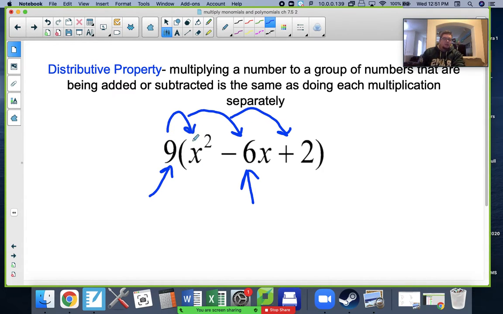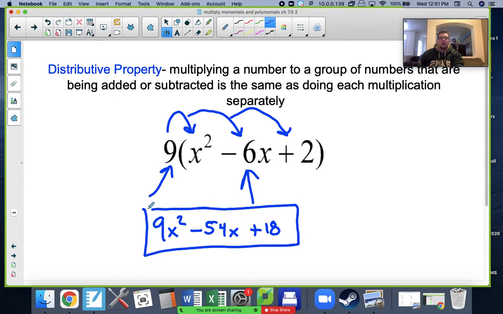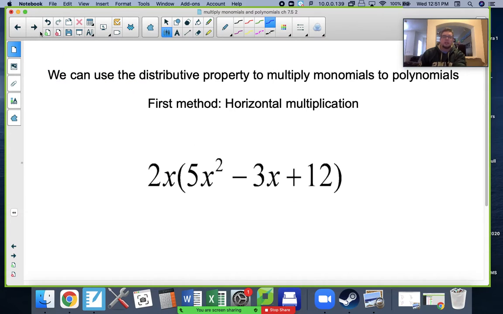So the 9 multiplies the x squared, 9x squared, 9 times the negative 6, carry the x, 9 times the 2 gives us 18. We just multiplied a monomial times a polynomial. The thing that we're now incorporating is what happens if we multiply with variables.